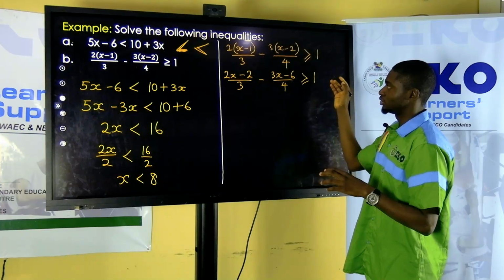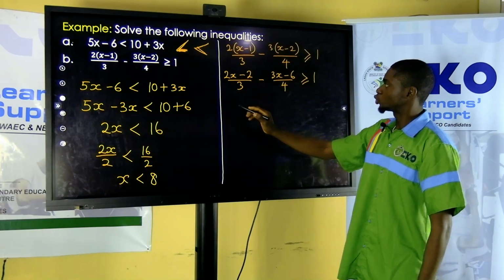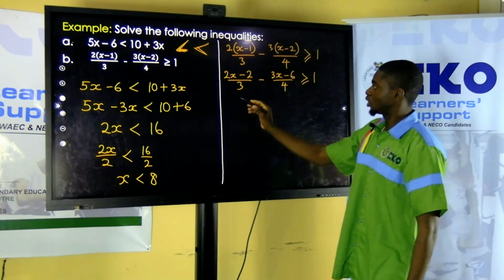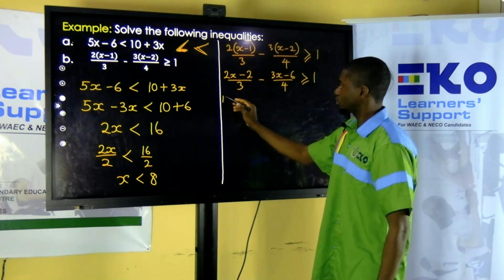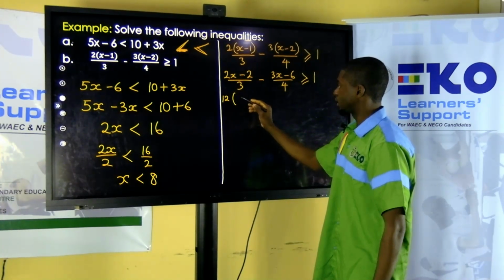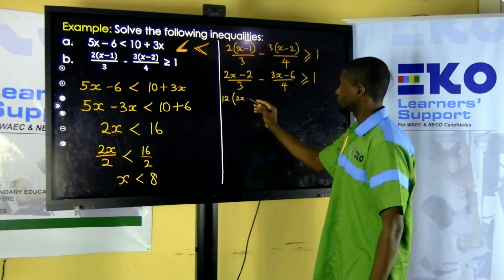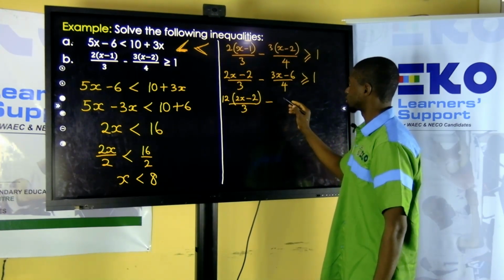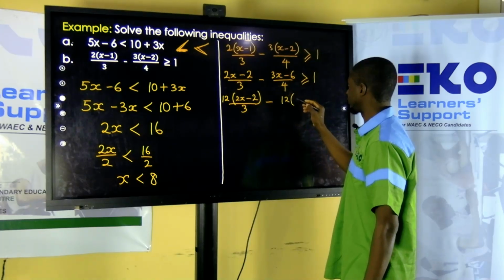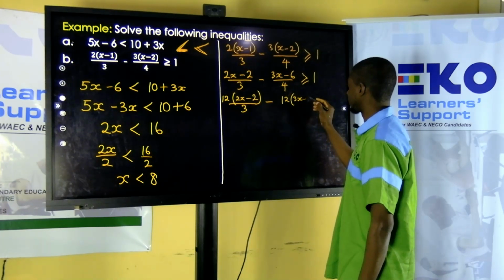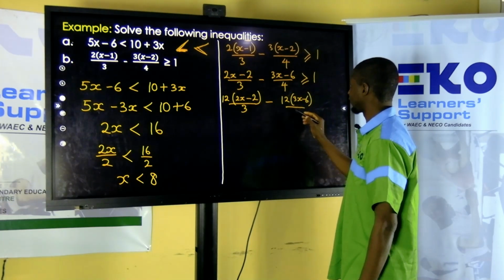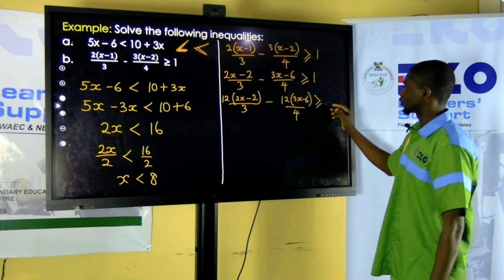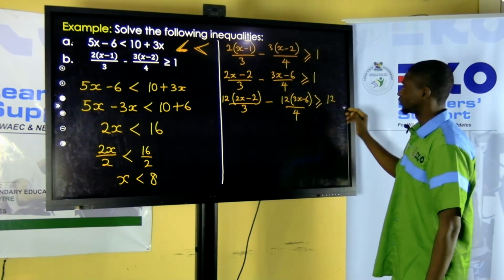If I multiply the whole of this by 12, it becomes 12 multiplied by 2x minus 2 divided by 3, minus 12 multiplied by 3x minus 6 divided by 4. I will also multiply this 1 by 12, so 12 times 1 is 12.